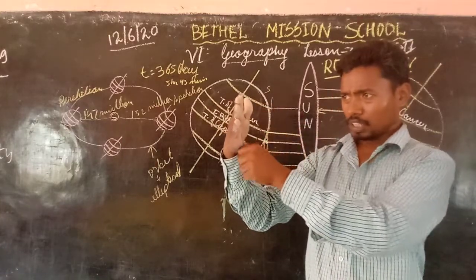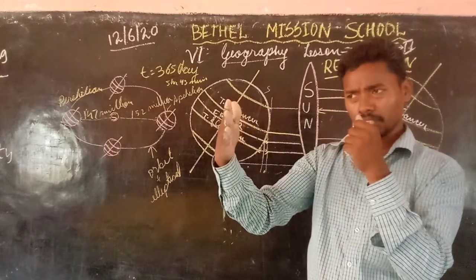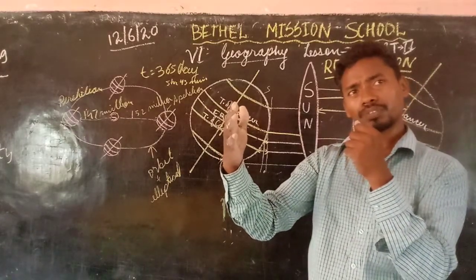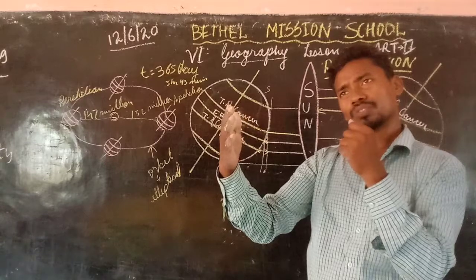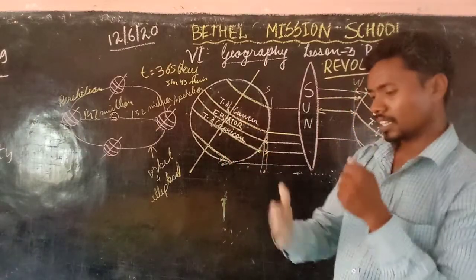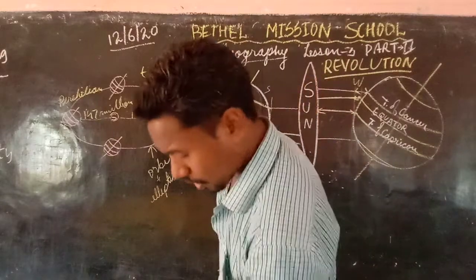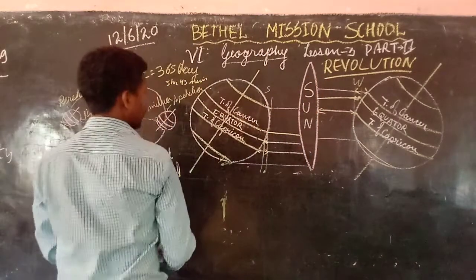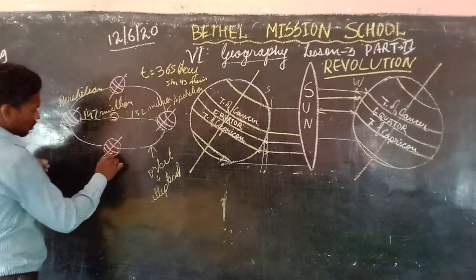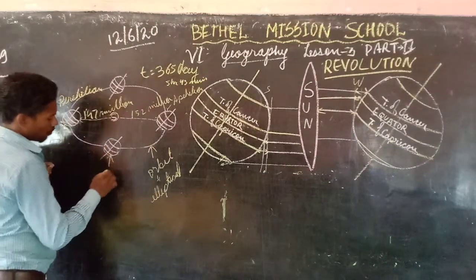Both this portion and this portion are at equal distance from the sun. Since both the northern hemisphere and southern hemisphere are at equal distances from the sun, therefore we have equal days.